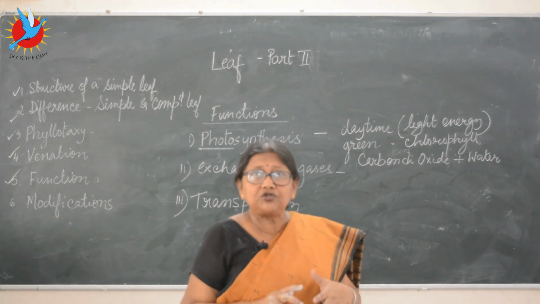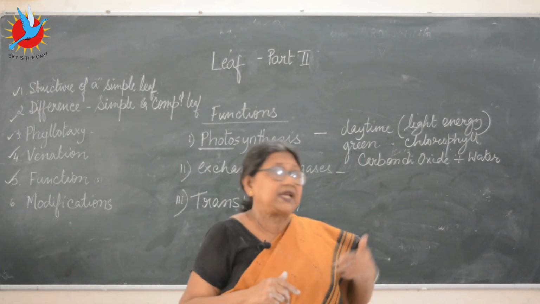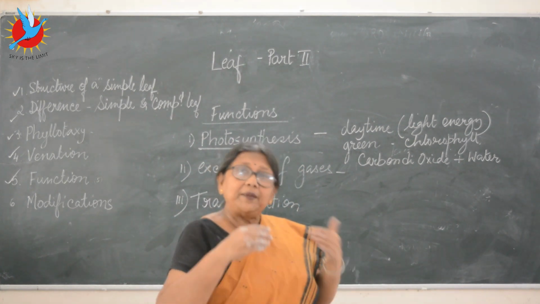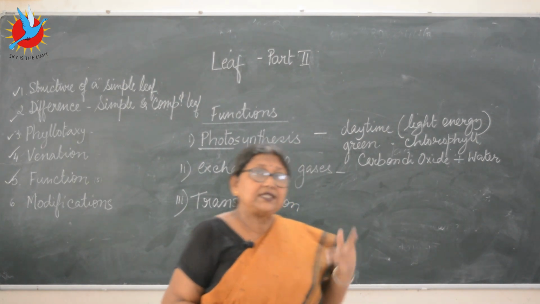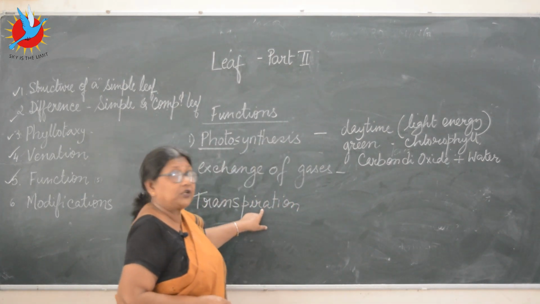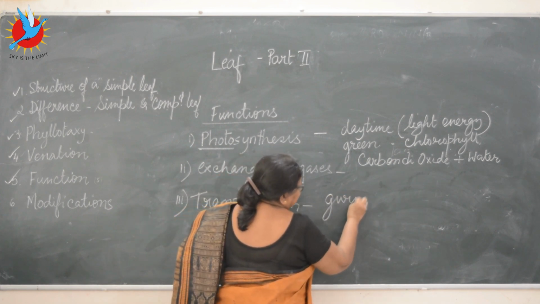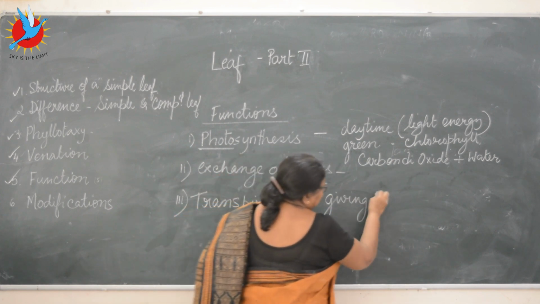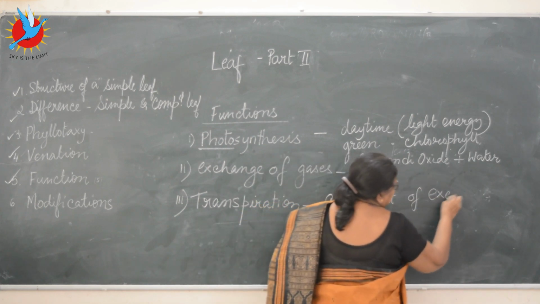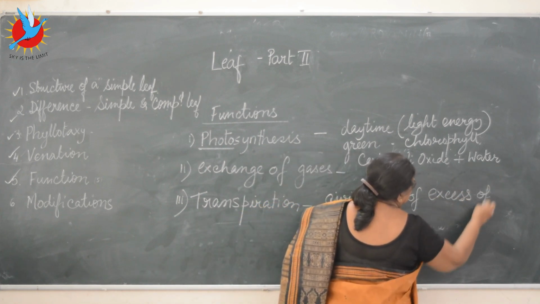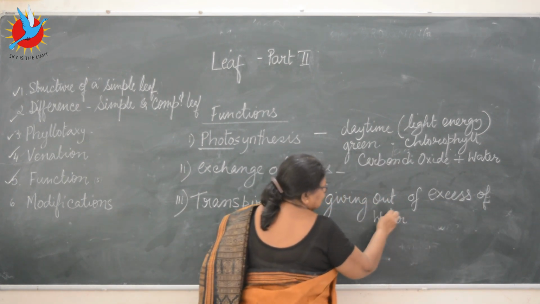The leaves cannot store them. So they give it out from their surfaces, either through the openings or from the surface by evaporation. This process of giving out excess water from the leaf surface is called transpiration.